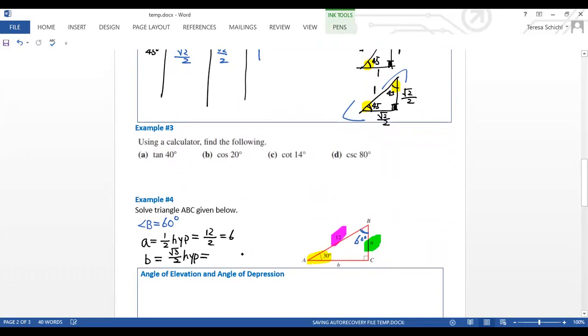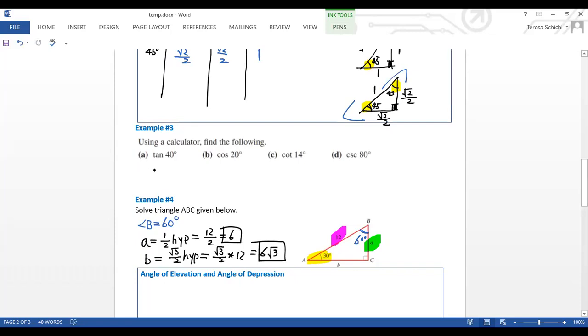So this is the square root of 3 over 2 times 12, which gives 6 times the square root of 3. This is how we use the special triangles.